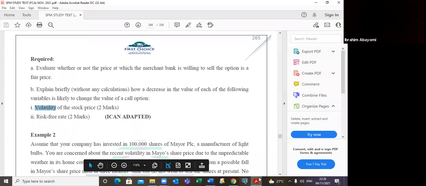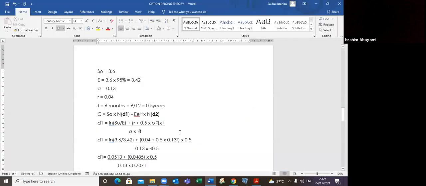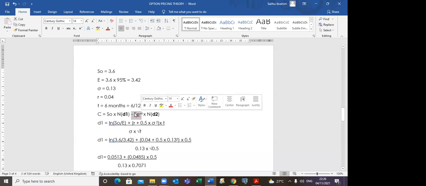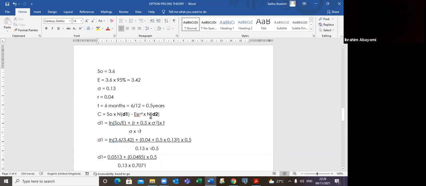Okay, it's decreased. Now, if the discount rate decreases, then the present value of the exercise price will be what? Will be higher, Abby? And if the present value is higher, it means the whole value here will be higher, isn't it? So we'll be deducting a higher value from here.